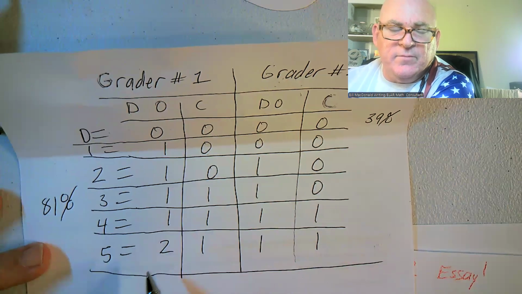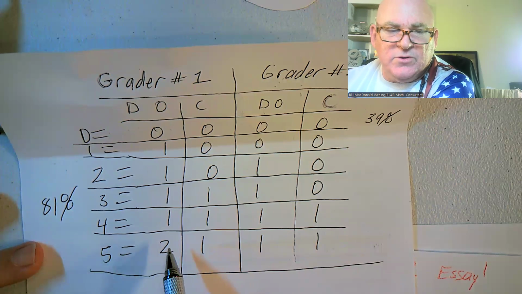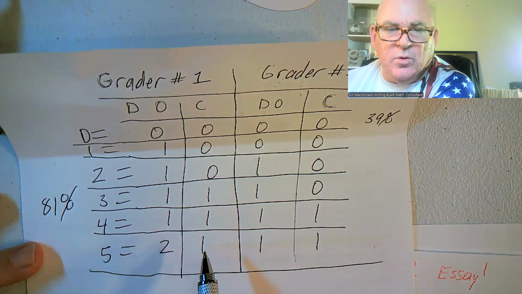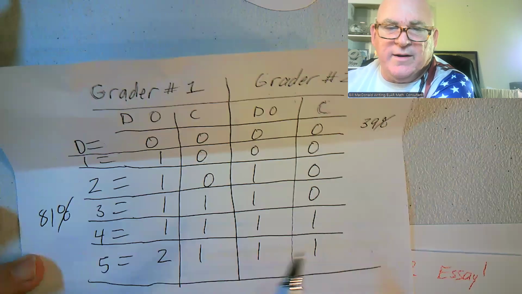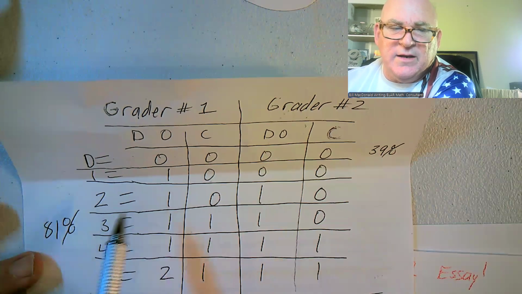And so again, the lower half of the spectrum is students getting 5 or less. So that would mean that one of the graders gave the student a 2 in organization and development, a 1 in conventions, and the other one still gave a 1 and a 1. And so when I did the math using the Cambium results, that was 81%.